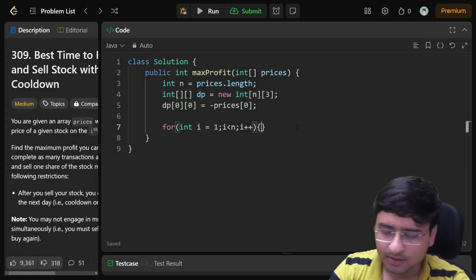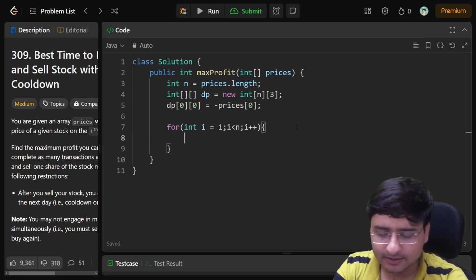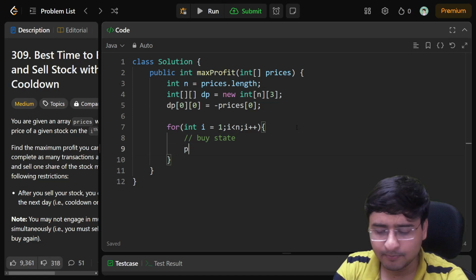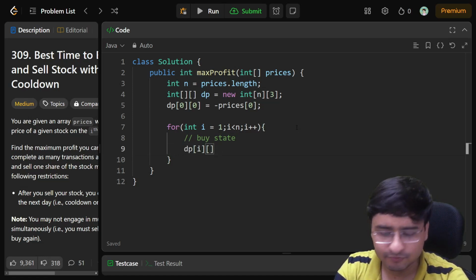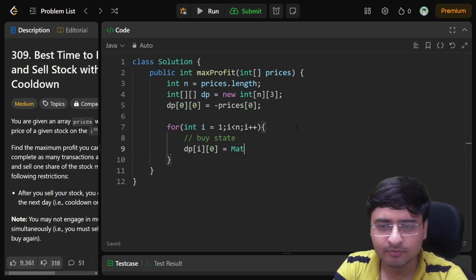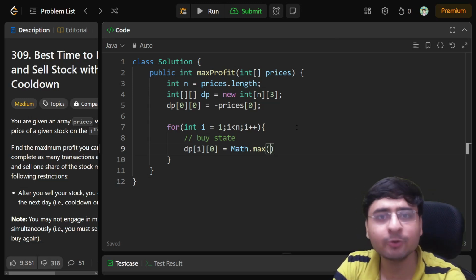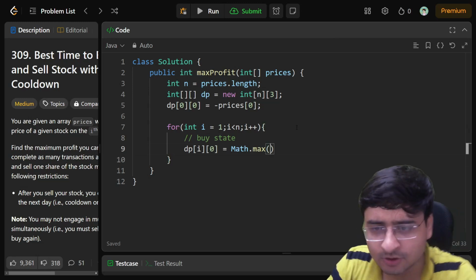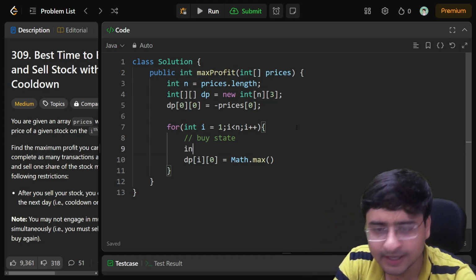Now, for the buy state, dp[i][0] will be the buy state of today, right? It will be Math.max of: if I buy today. What if I buy today, right?